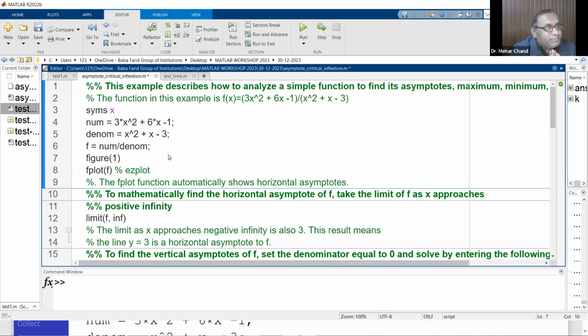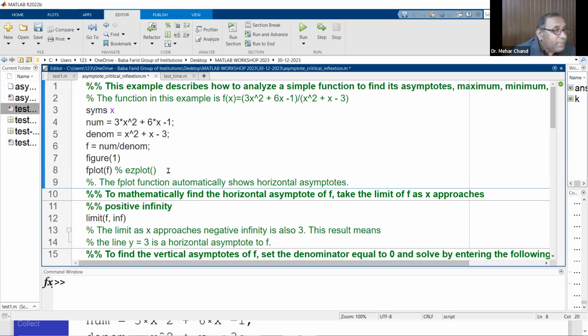One more thing: in the last lecture we used the ezplot function. ezplot does not require any range to plot. We just need to use the function inside the ezplot function in the brackets. At that moment there was a message that we can use fplot in place of ezplot.